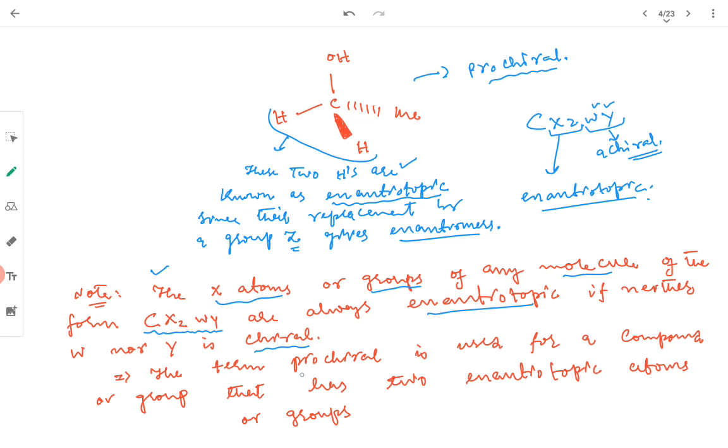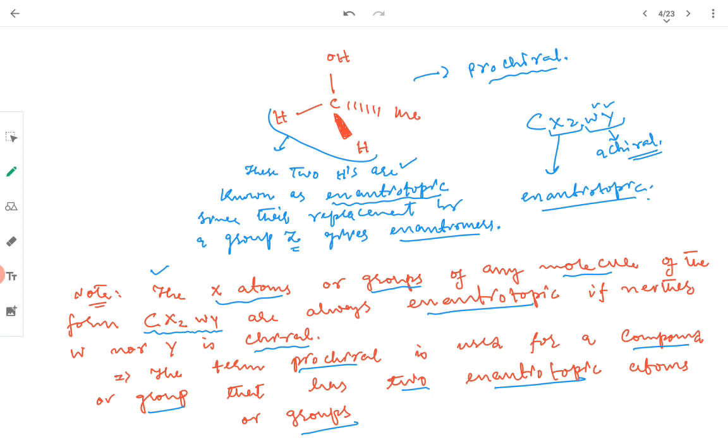So the term prochiral is used for a compound or group that has two enantiotopic atoms or groups. So any compound that has enantiotopic atoms or enantiotopic groups is known as a prochiral molecule.